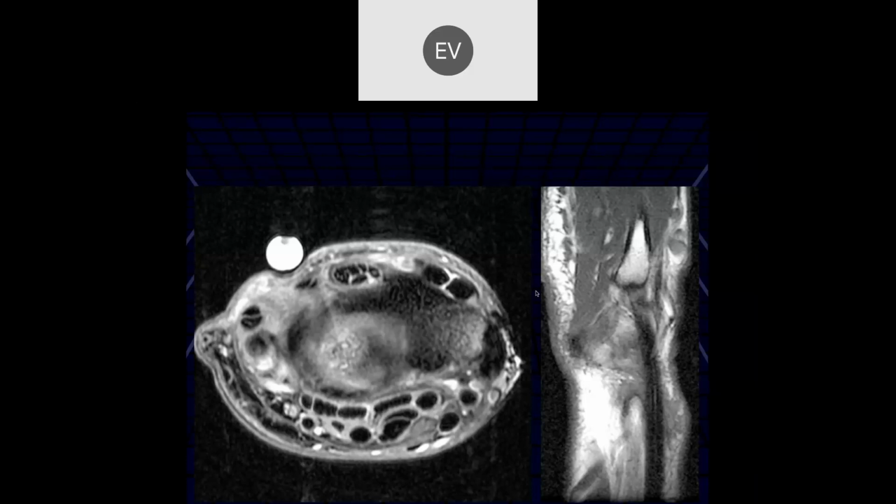I see a lot of edema in the ulnar side of the wrist, dorsal wrist. That ECU looks like a split tear, and longitudinally we can see it coming down through here. This patient's symptoms were not thought to be due to this.